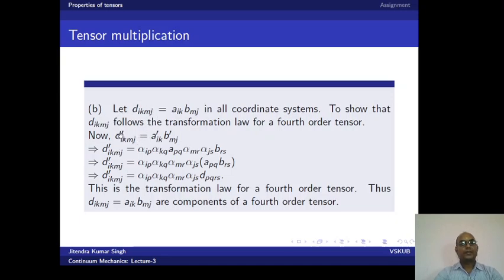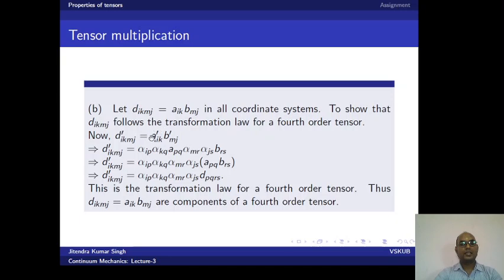Therefore D dash ikmj is equal to Aik dash Bmj dash. Now since Aij and Bij are components of a second order tensor, they will follow the transformation law for a second order tensor.